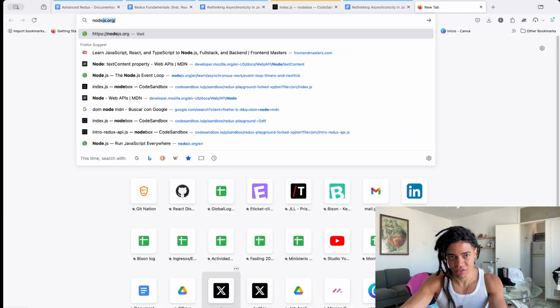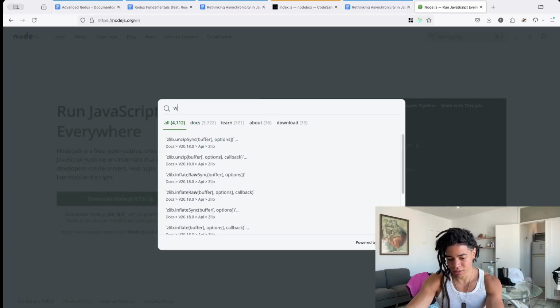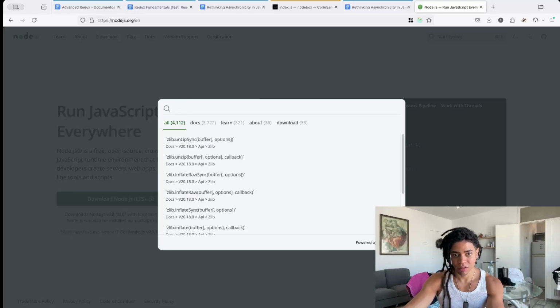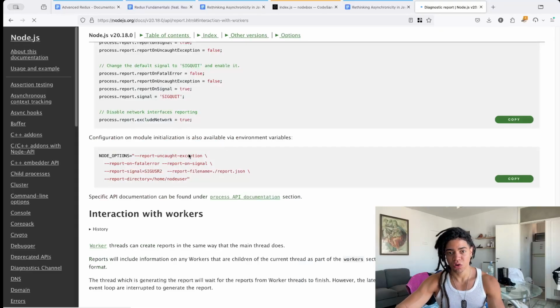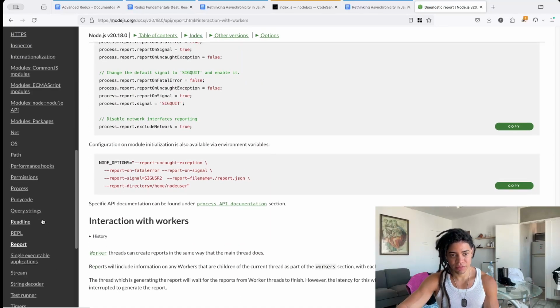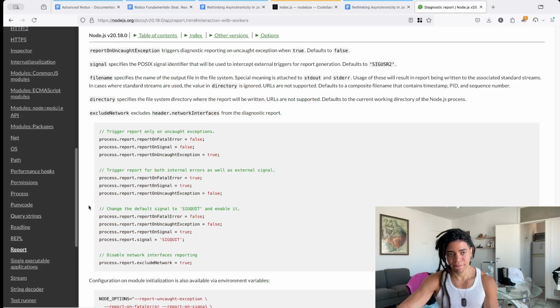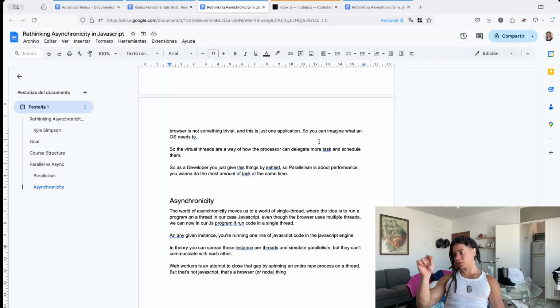So in the context of Node, you can use workers too, right? Interaction with workers is interesting. They spin up this separate process as a way to communicate with others.